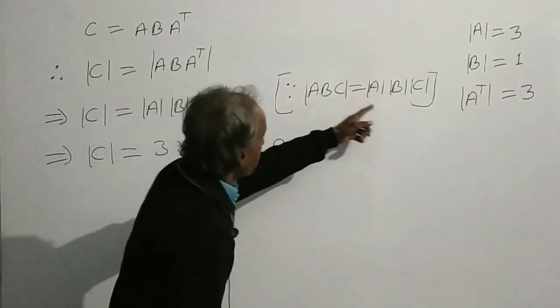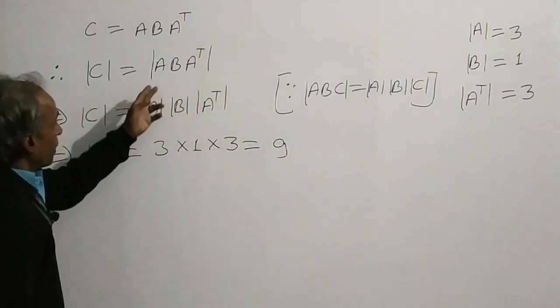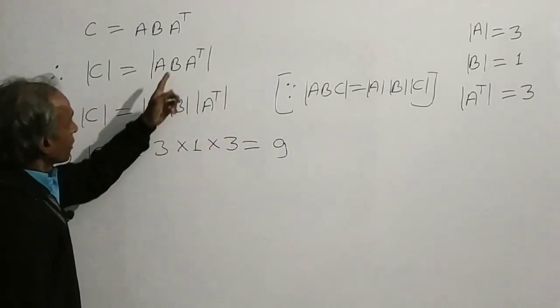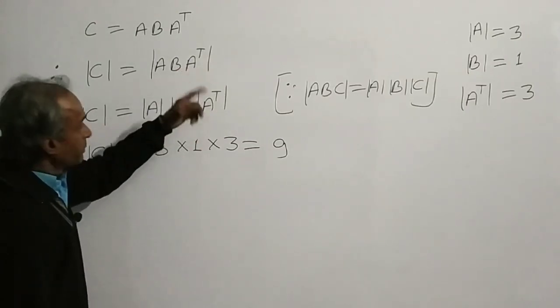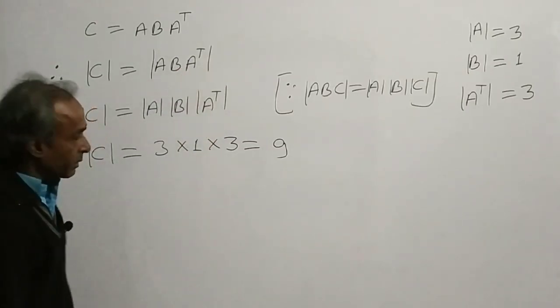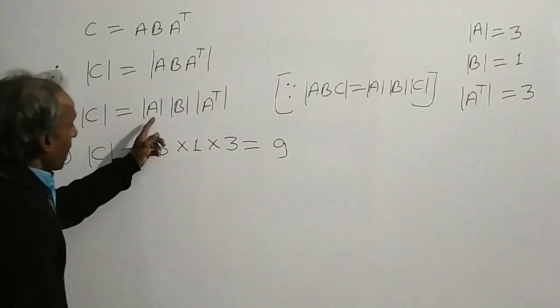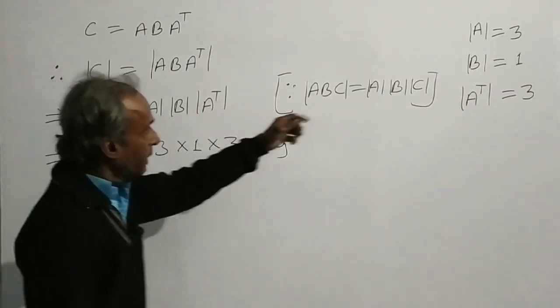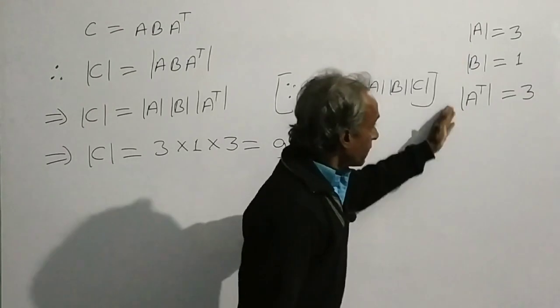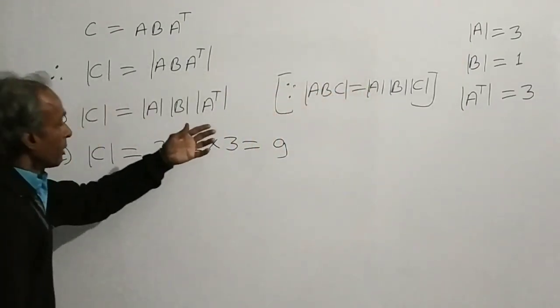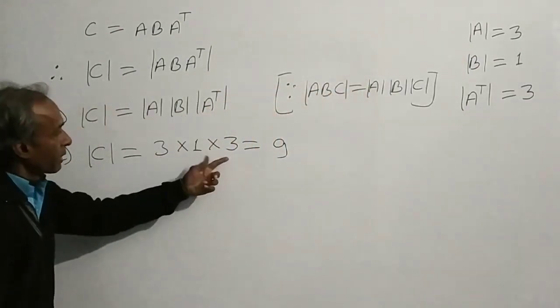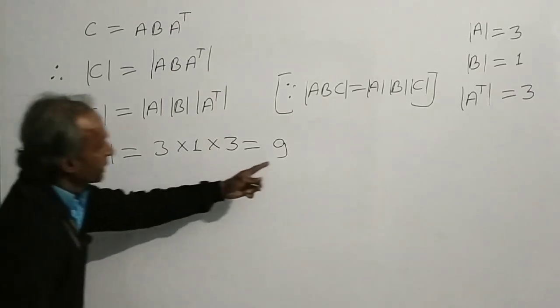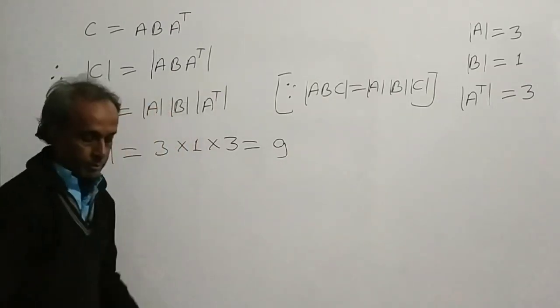By using this formula, we can write determinant of A, determinant of B times determinant of AT. And value of determinant of A, determinant of B, determinant of AT is here. When we put those values here, we get determinant of C is equal to 9.